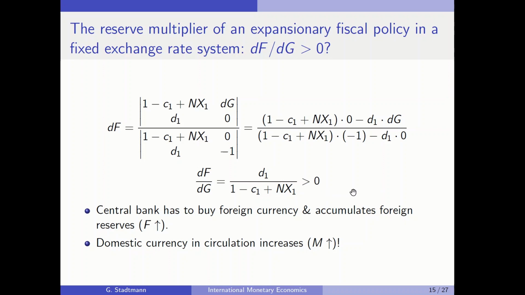So the central bank has to buy foreign currency and accumulates foreign reserves. The foreign component of money supply increases, and hence domestic currency in circulation increases, money supply increases.